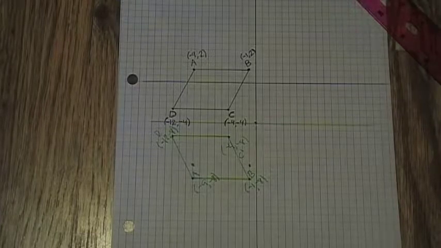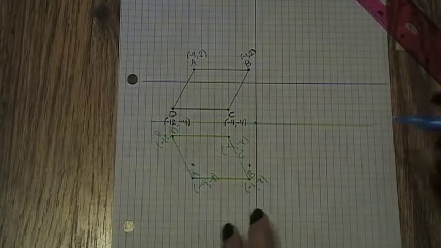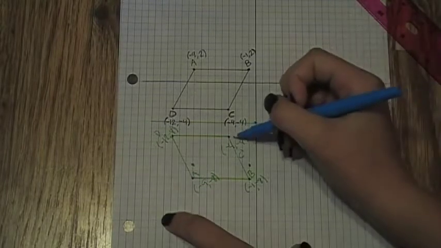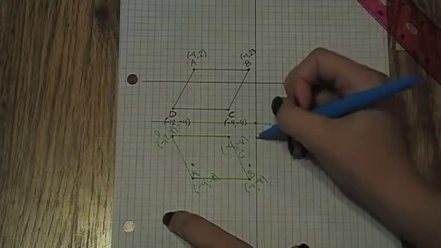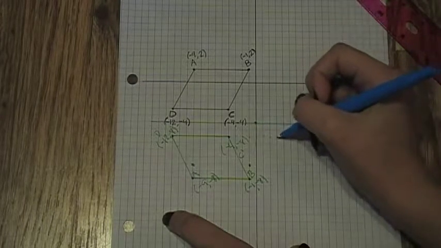So translation, which means the shape size and orientation stays the same, we just move the shape to a different place on the grid. So let's say we're going to translate or slide parallelogram ABCD right 8 units and up 15. So if we're doing right 8 and up 15, we just count it out. 1, 2, 3, 4, 5, 6, 7, 8.